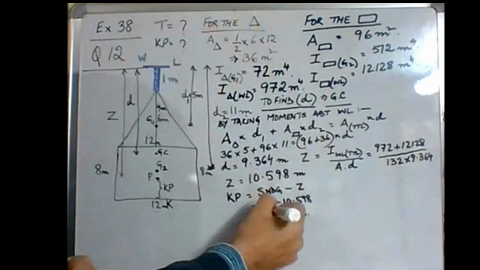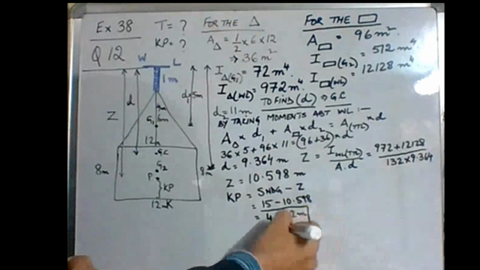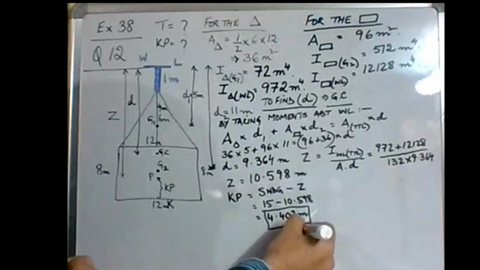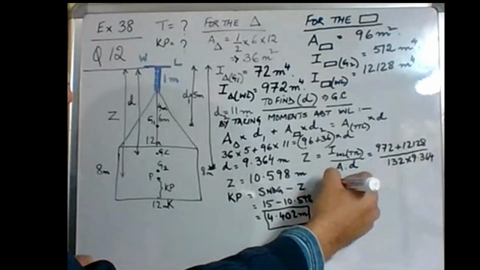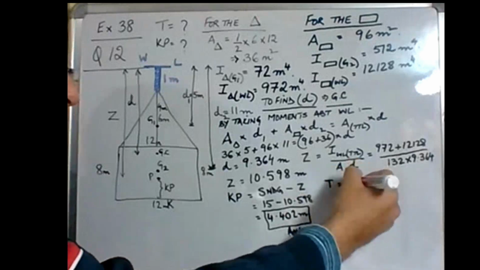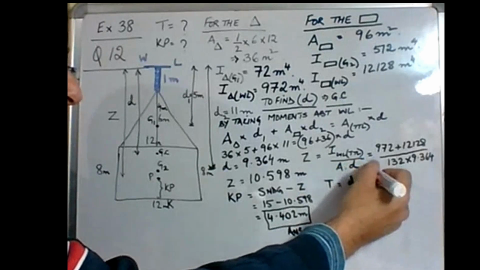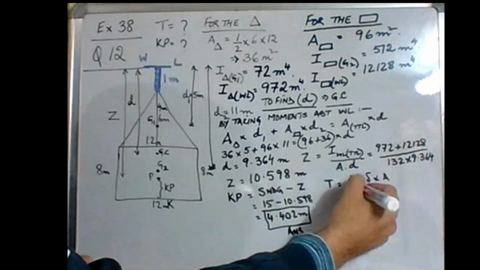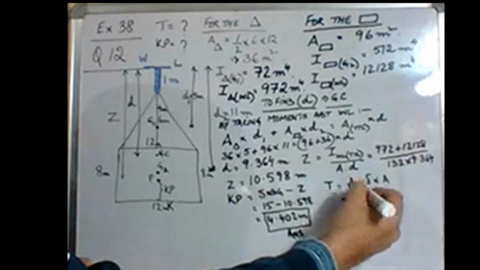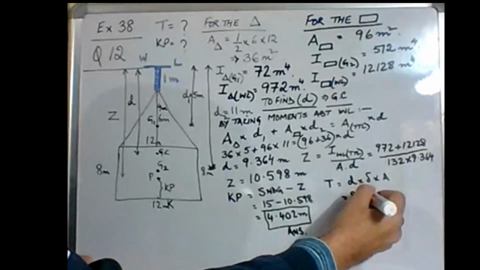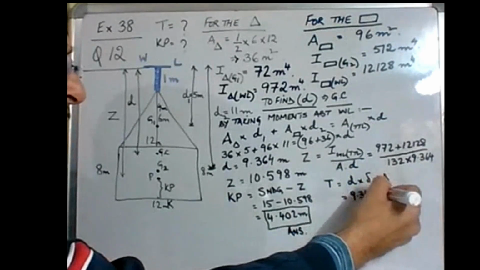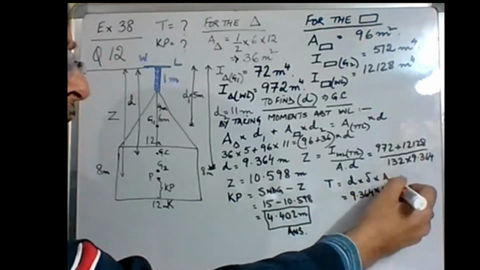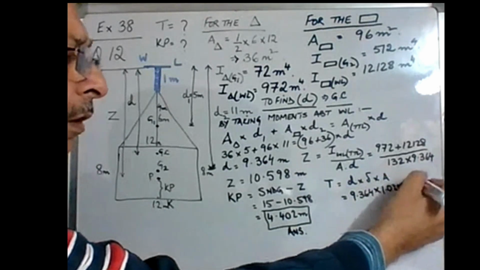Okay. ये एक आंसर आ गया. दूसरा मुझे निकालना है थ्रस्ट. डेप्थ into density into area. Depth total 9.364. Density 1.025.